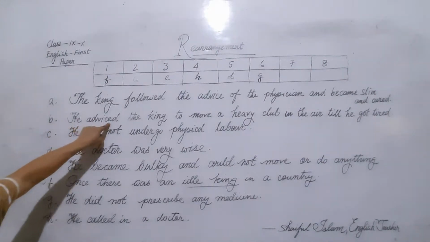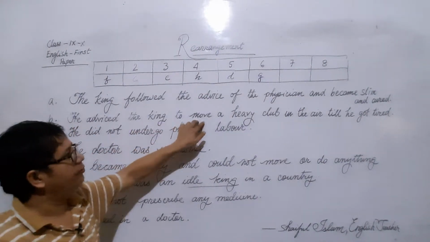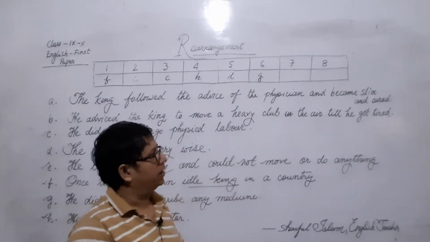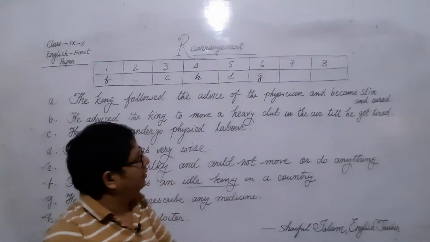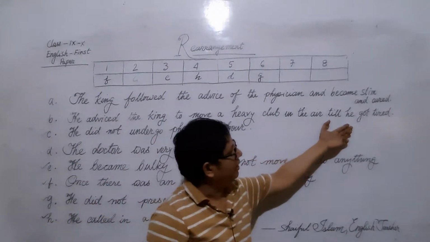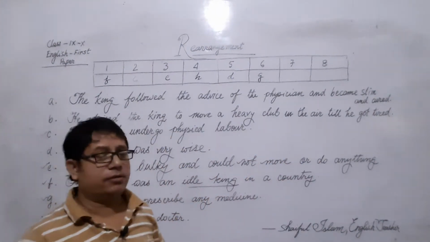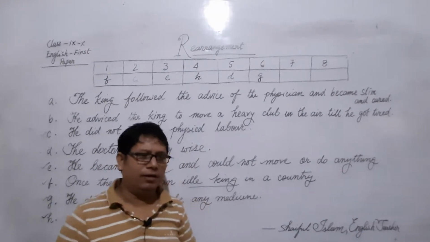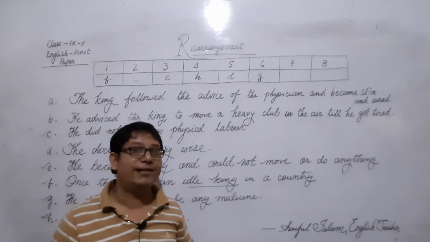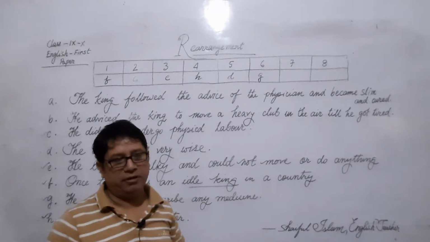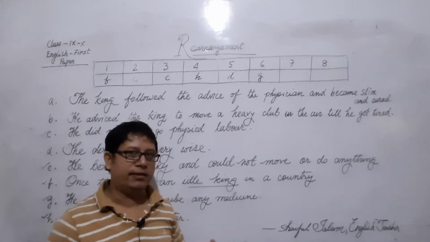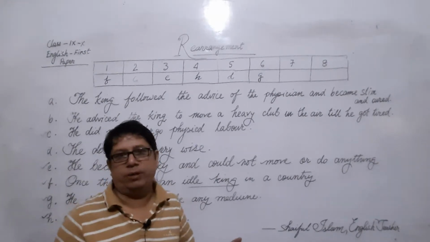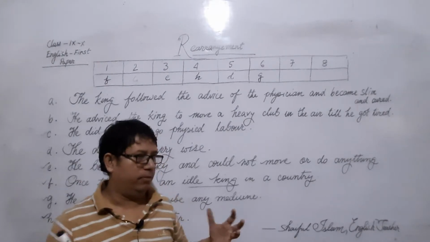He advised the king to move a heavy club, a very big club, just to move in the air till he got tired. Because the doctor realized that the problem of the king was laziness. After lethargy or laziness, we become inactive and we get a lot of problems in our physical movement.